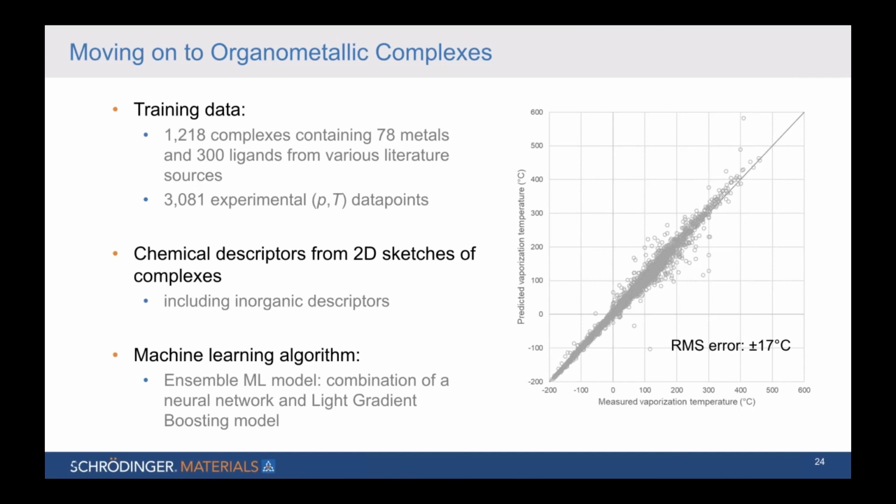However, the RMS error is slightly higher than for the organic data set, although it's still on par with the publication even for the organic data set. So here we believe this is also a model that can have a lot of real world commercial value, and we are happy to share the results with everyone.